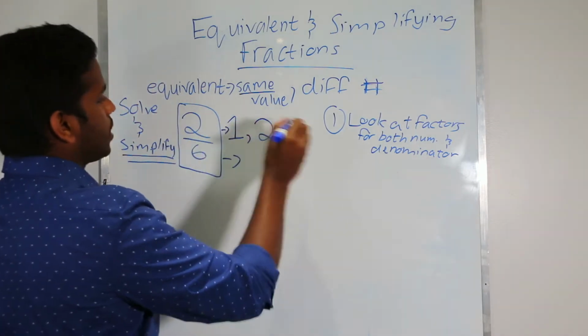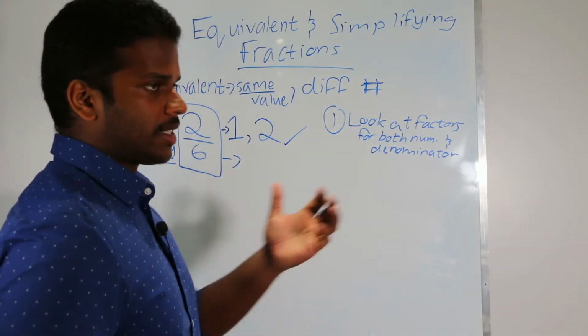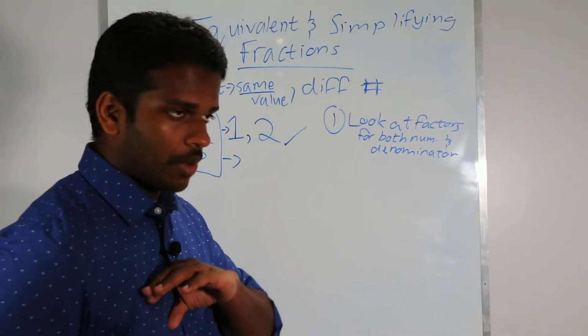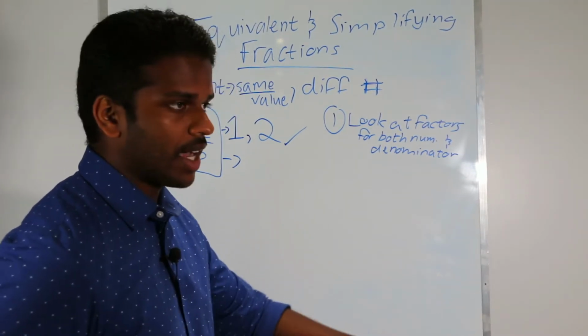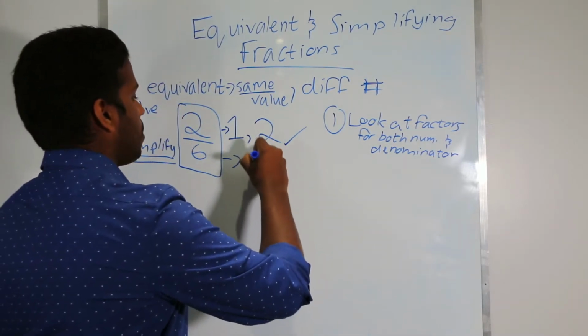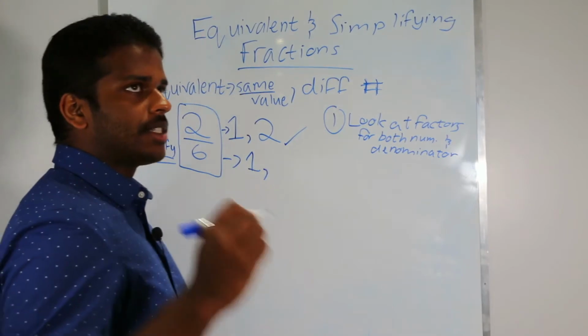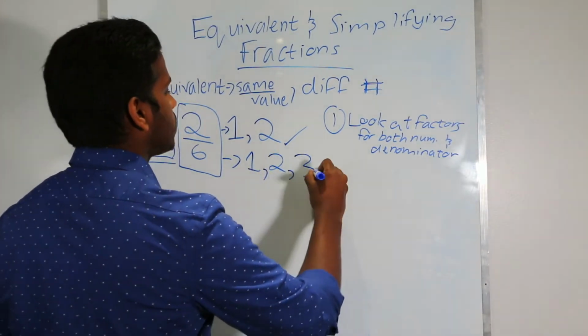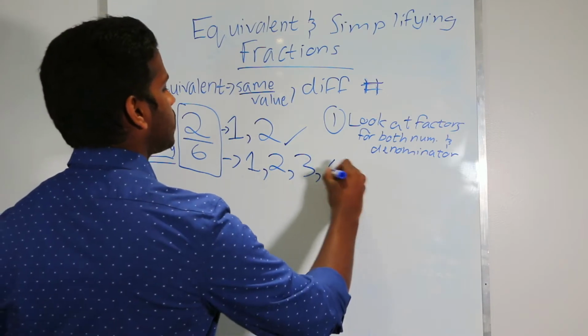So 2 has 2 factors. Now we'll look at 6. 6 divided by 0 doesn't work, it's undefined. When you divide a number by 0, it's undefined. 6 divided by 1 works. 6 divided by 2 works. 6 divided by 3 works. 6 divided by 6 works.